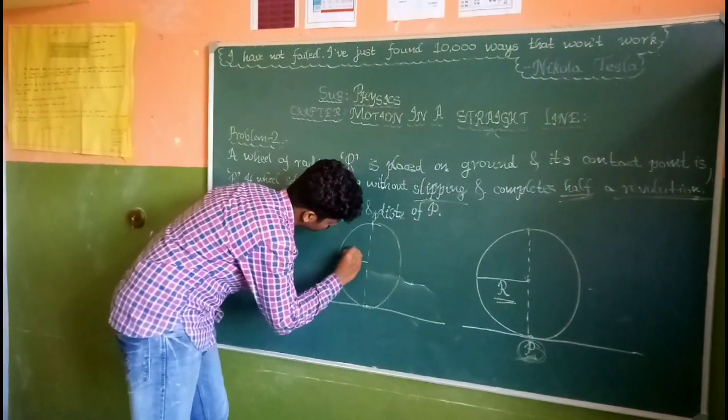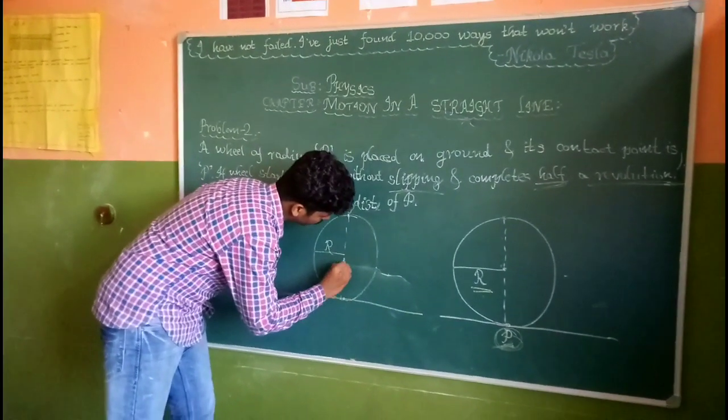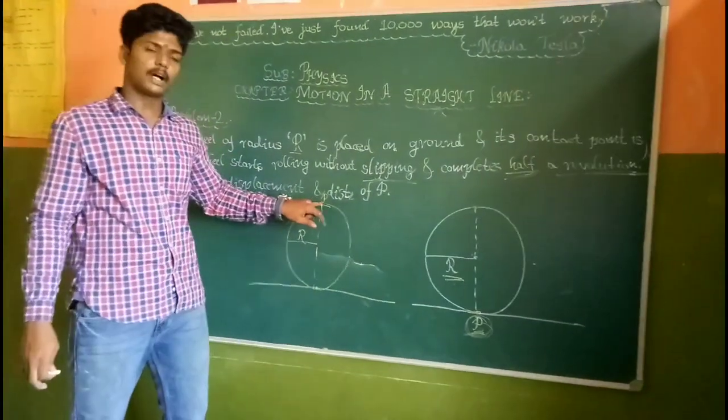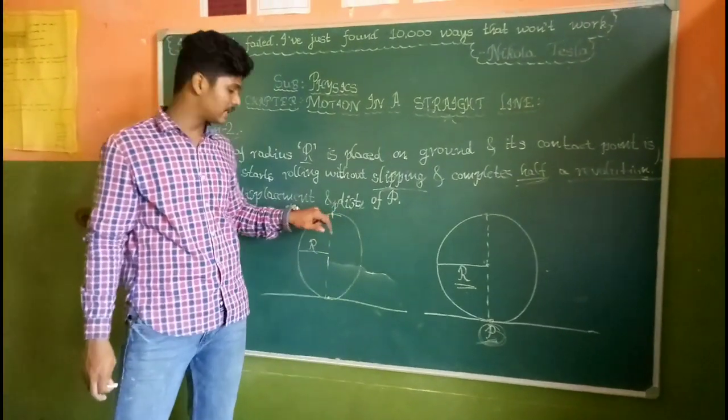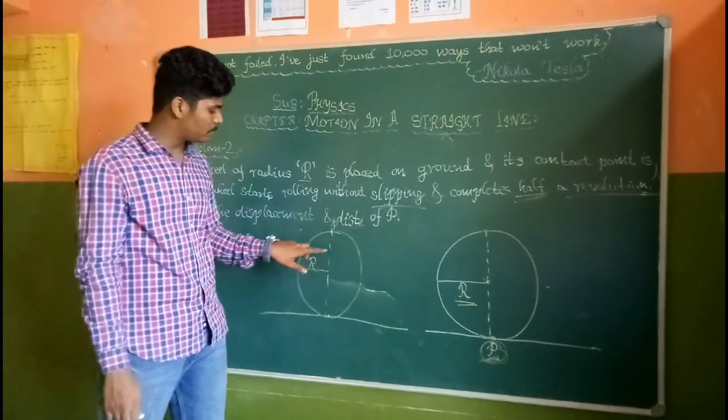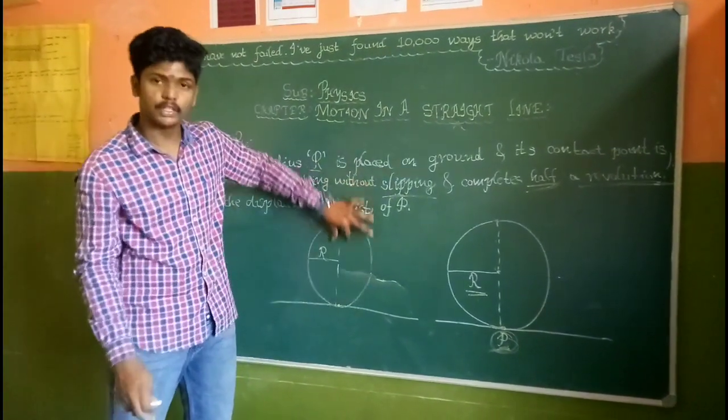So this will be the radius. As displacement is the shortest path length between 2 points, the displacement will be the diameter of this wheel.